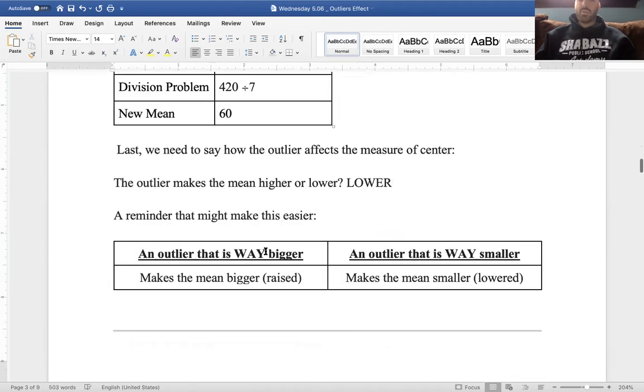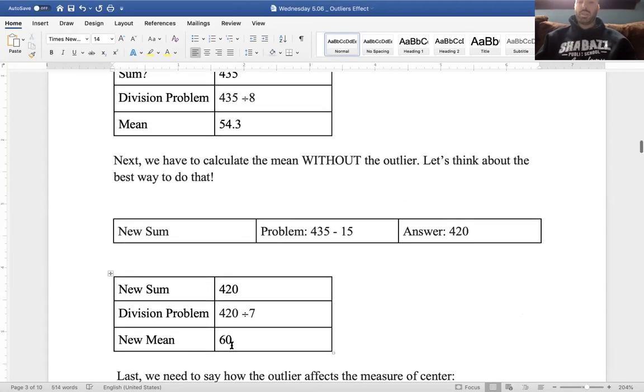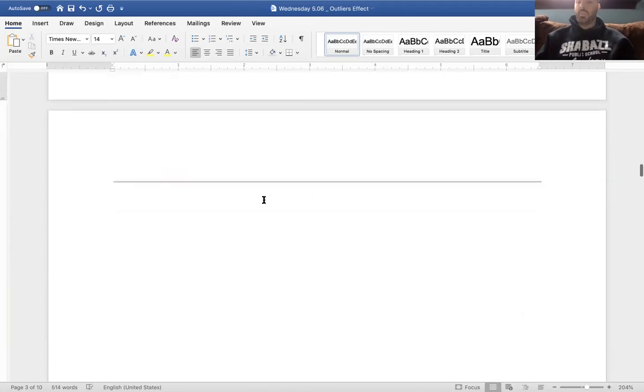If the outlier is way bigger, the mean is going to be higher. It's going to raise. If the outlier is way smaller, like 15 here is way smaller, it makes the mean lower. So we're going to say that the outlier lowered the mean by almost 6 wins per season, because we went from 60 all the way down to 54 because of that outlier of 15.